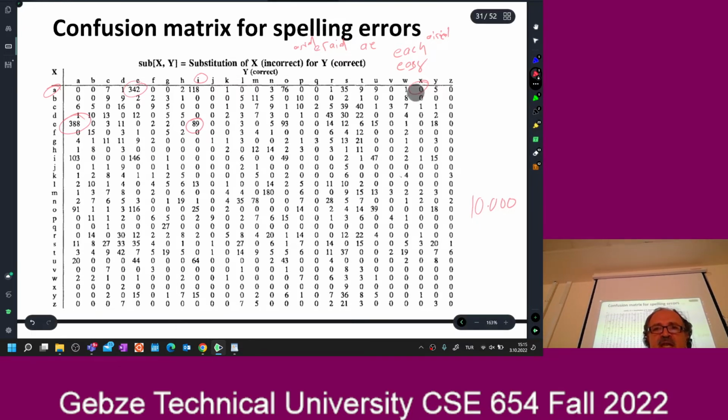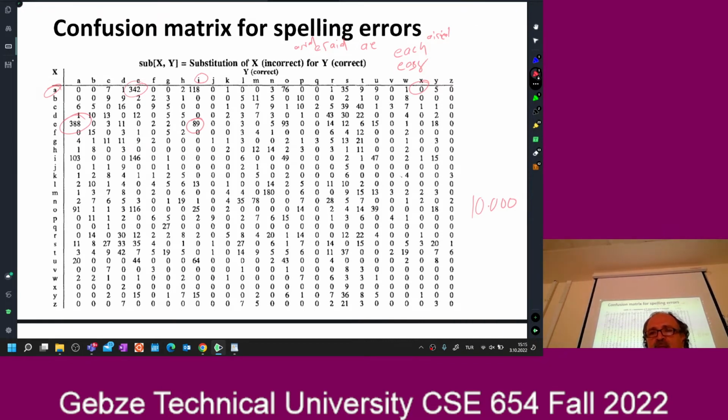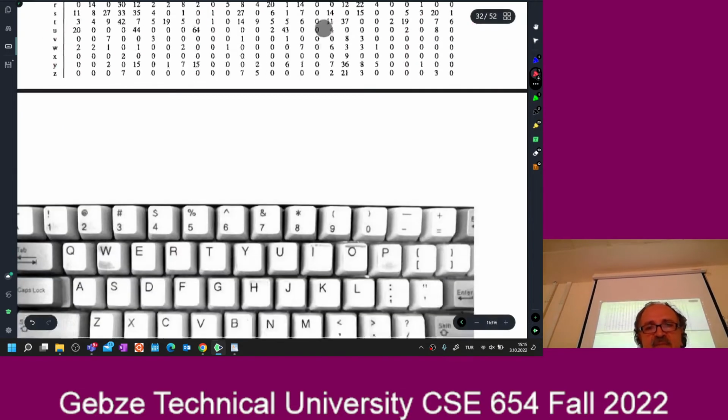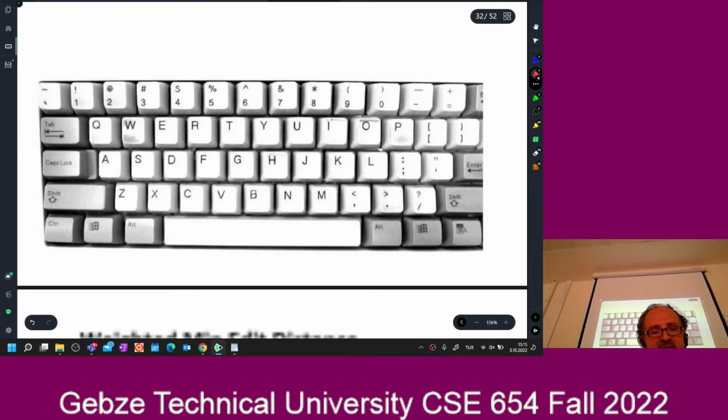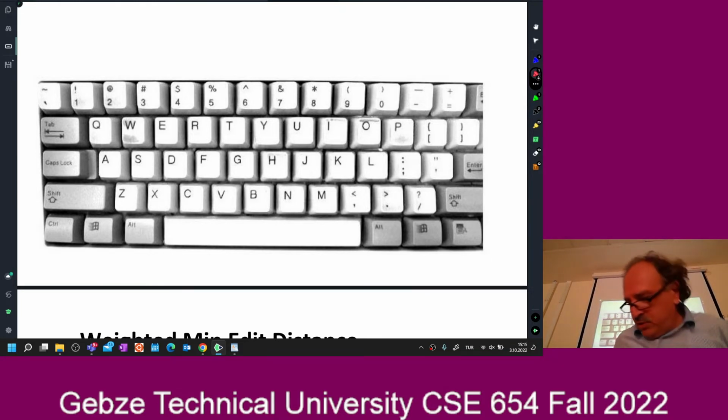The substitution cost between A and X should be 1 over a very small number, right? So it's going to be a very high, very large number. That's the substitution cost, okay? So sometimes we do that. And again, it depends on what you are typing. It depends on whether you are typing in English or Turkish.